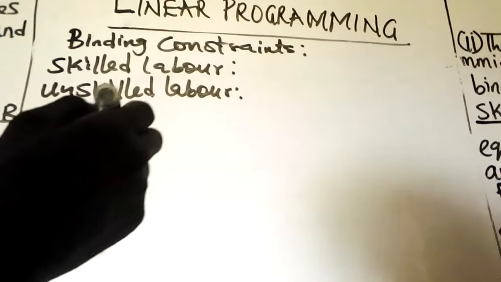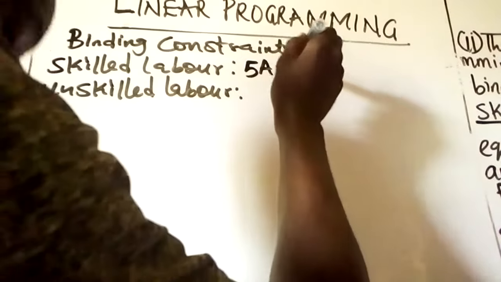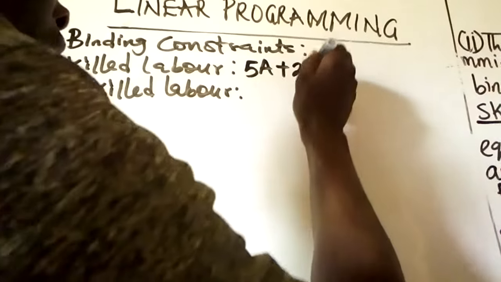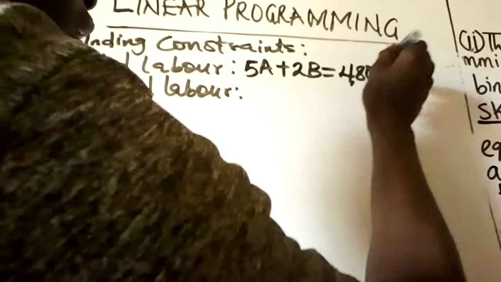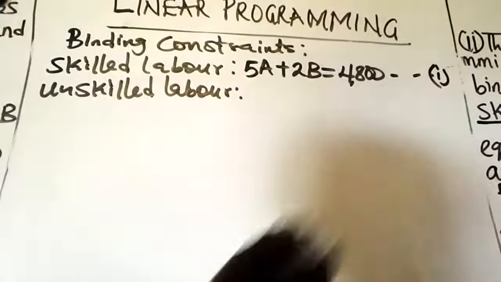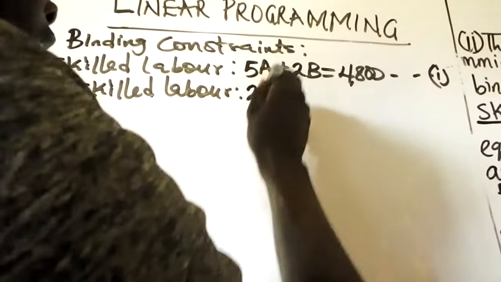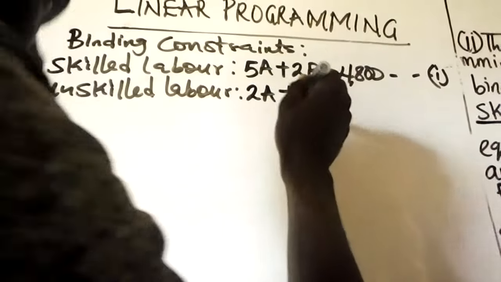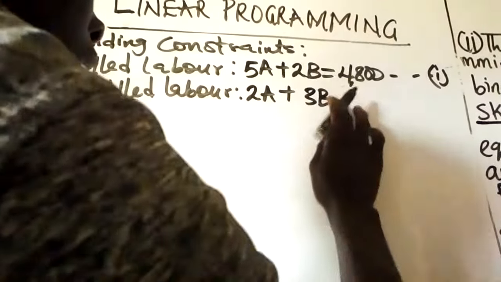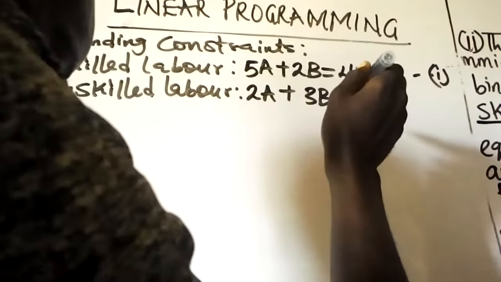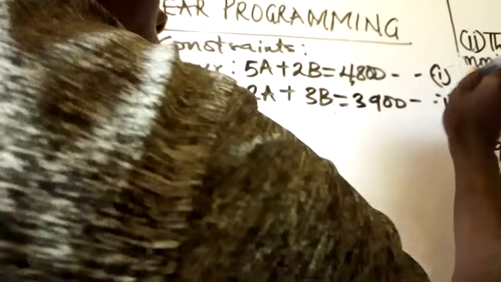For skilled labor, 5A plus 2B less than or equal to 4,800. That will be equation 1. Then for unskilled labor, 2A plus 3B less than or equal to 3,900. That is equation 2.